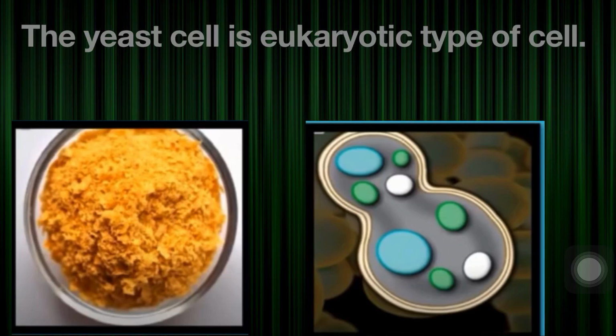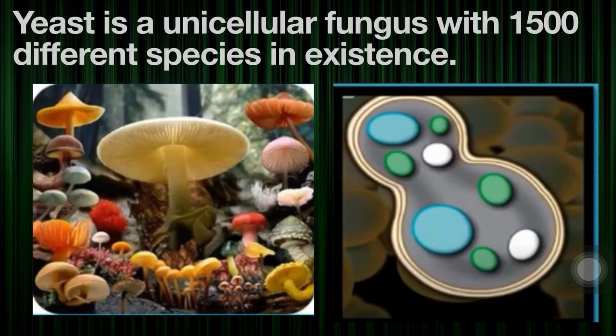and whatever components of cell organelles are there, they will also be present in the single cell, and all the activities are carried out within a single cell. So they are eukaryotic. As I told you, yeast is a unicellular fungus with 1500 different species in existence.